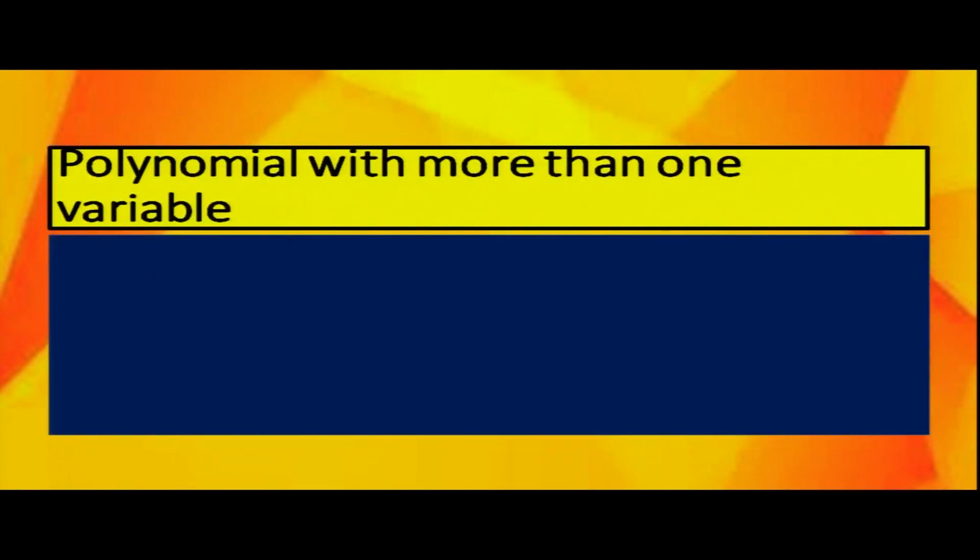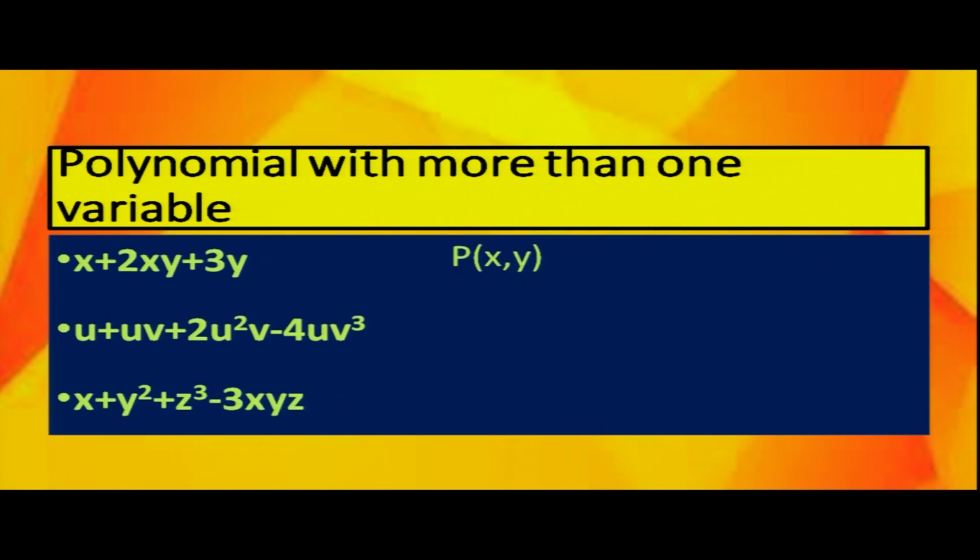Then polynomials with more than one variable, for example x plus 2xy plus 3y. Here we have used two variables x and y. So to denote it, we can write p(x, y).